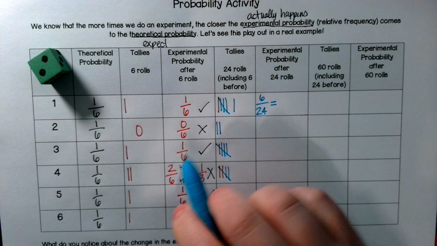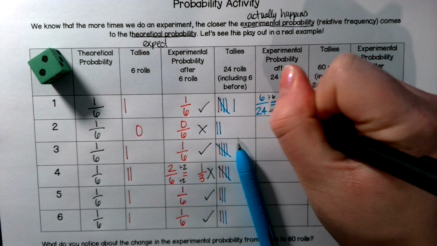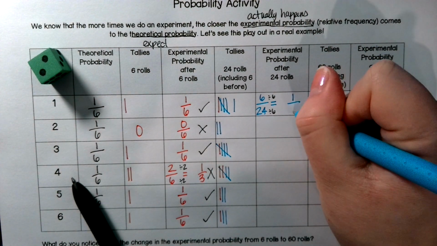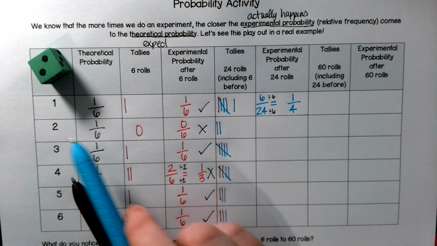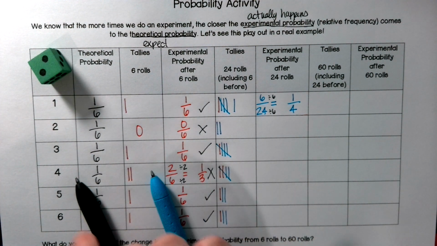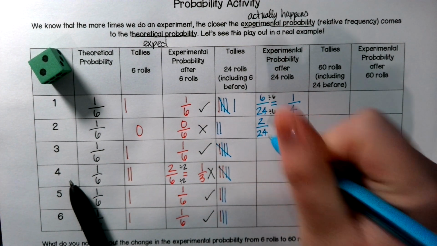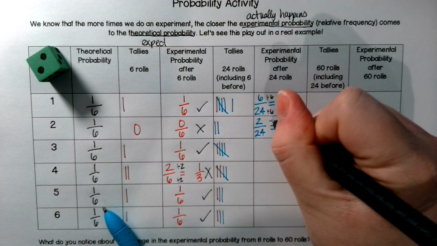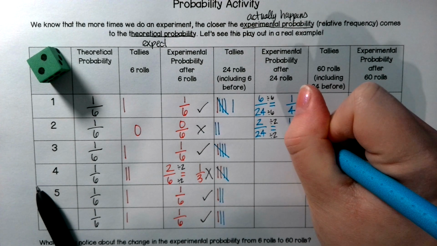We can simplify that, divide by 6, and I get 1 out of 4 for my probability of rolling a 1. For my probability of rolling a 2, we have 2 out of 24, which simplifies if I divide by 2, and I get 1/12.